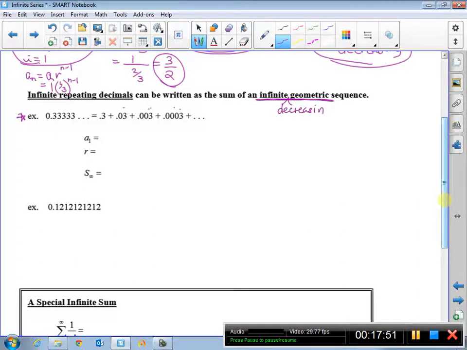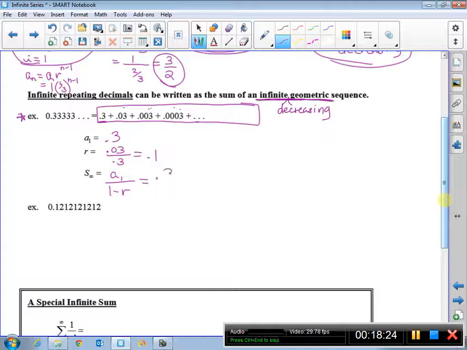Infinite decreasing geometric sequence. The first term is 0.3. The r value, let's take the second term divided by the first term, so the r value is 0.1. And so the sum of this infinite geometric decreasing sequence, the sum of all these decimals would be a sub 1 over 1 minus r.